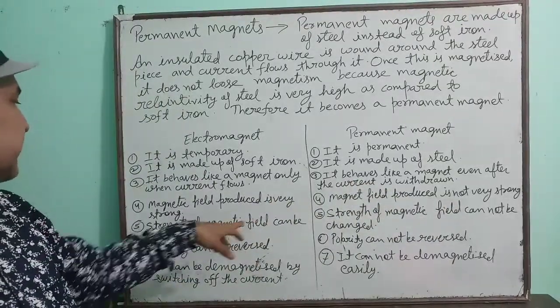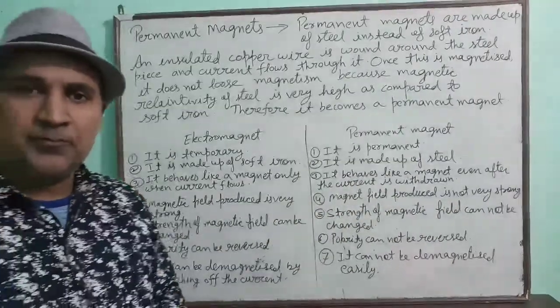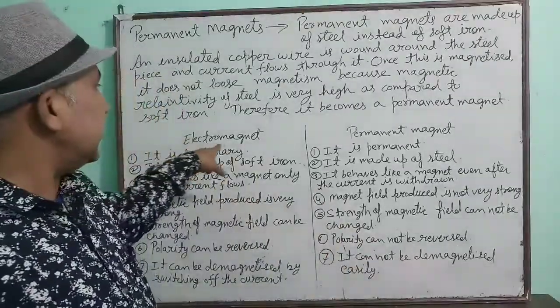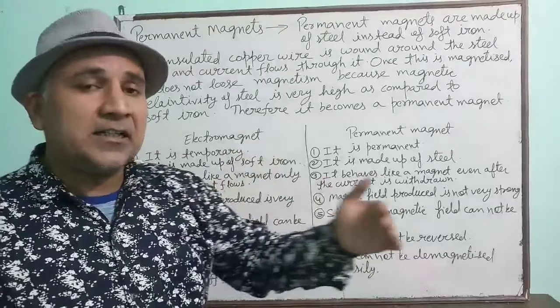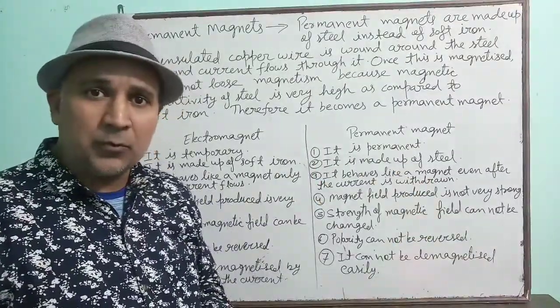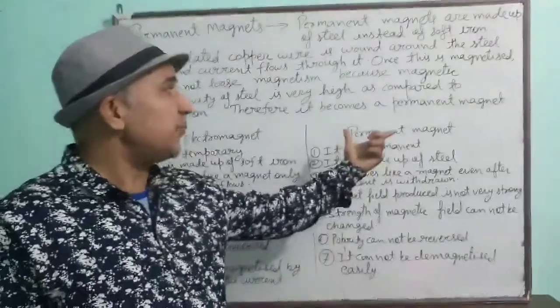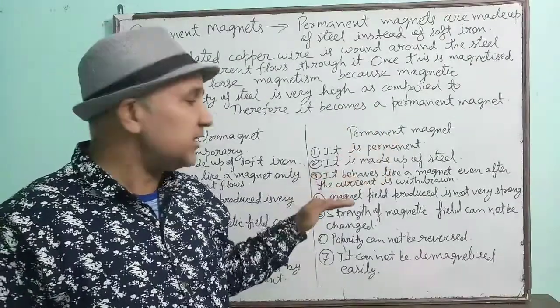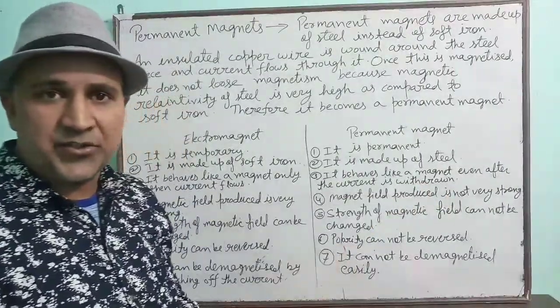Strength of magnetic field can be changed. Strength of magnetic field can be increased in the electromagnet by increasing the number of coils and by increasing the amount of current. But in a permanent magnet, the magnetic strength cannot be increased.